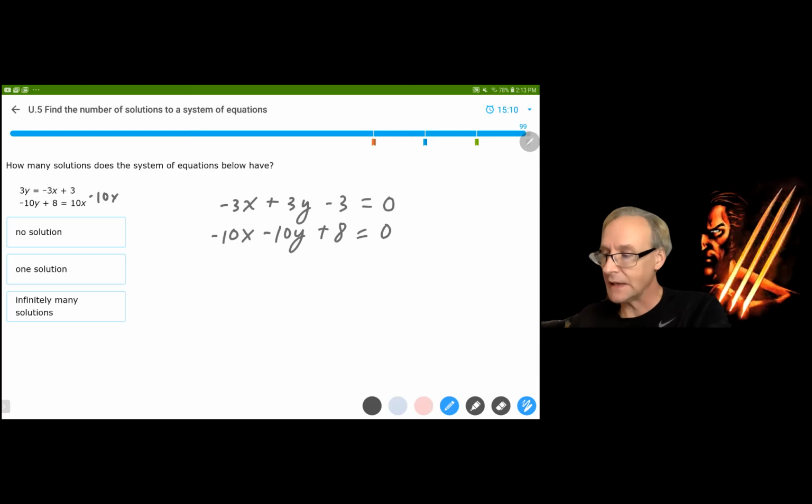Clearly, the x's and the y's have the same fraction. That's a way of thinking about it. If I were to solve this for y right here, I would get the same fraction as if I solved this one for y. Now, this one's a lot harder to see because there's no easy number to multiply to get them the same.